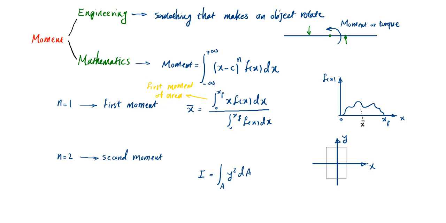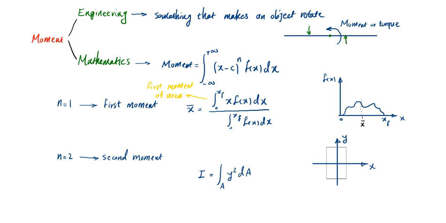And this is nothing, again, but the definition of a moment. This is the distance raised to a power, in this case n, and n is 2 because it's the second moment, multiplied by a function. The function here is just 1.